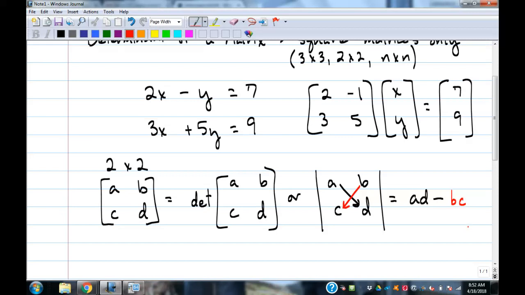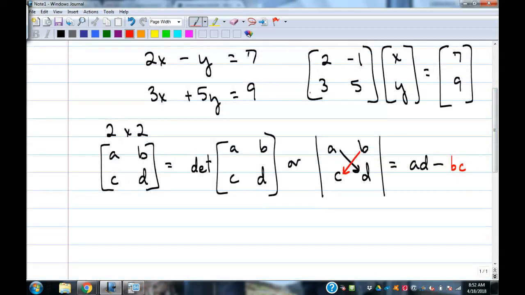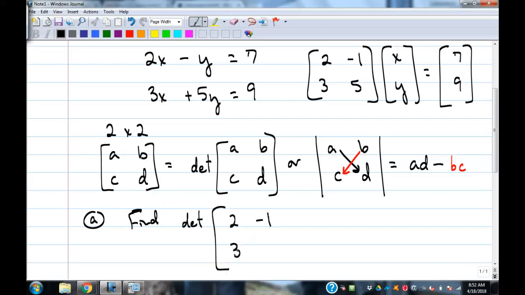Okay. So if we were going to look at this system up here, example A, let's say we were to find the determinant of 2, -1, 3, 5.